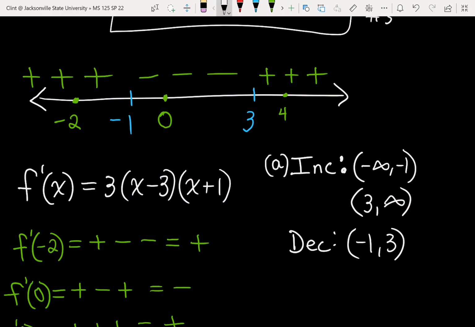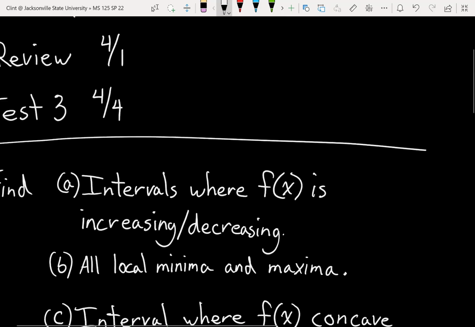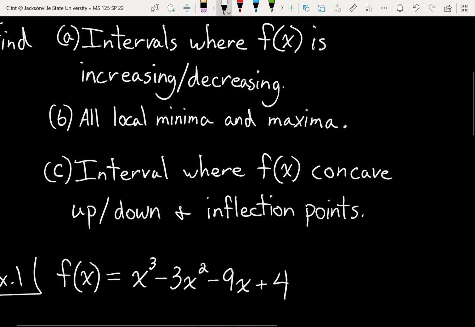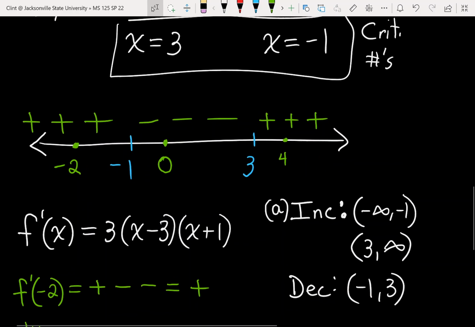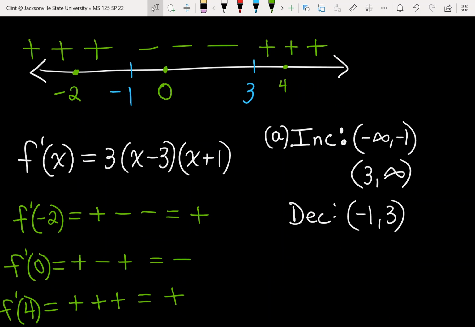Okay. Part B, screen's jumping. We want to know any local minima or any local maxima we may have. Since we've just done this thing with the number line, we can use the first derivative test.